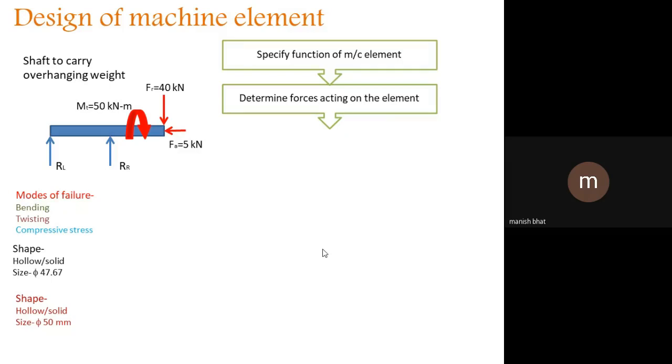Understand well that I have told you earlier that there should be aesthetic aspects, there should be ergonomic aspects, but what is foremost important? Foremost important is to have strength. Every machine element should have strength.